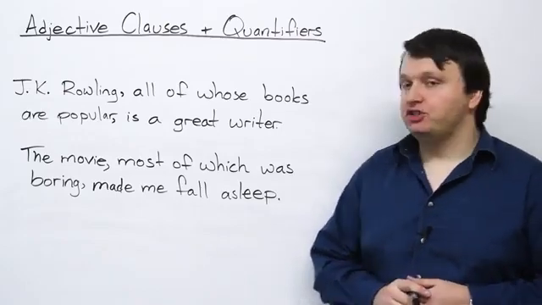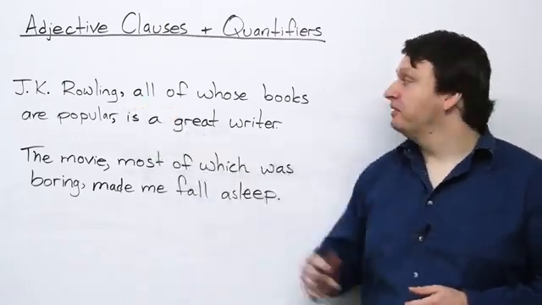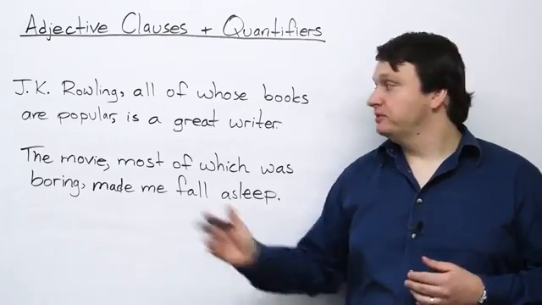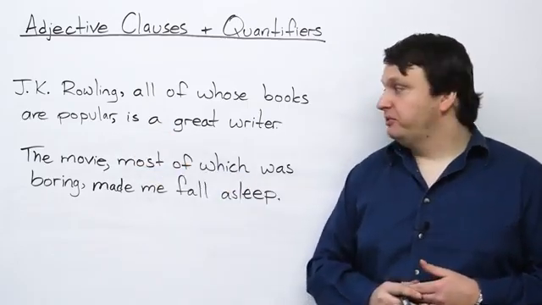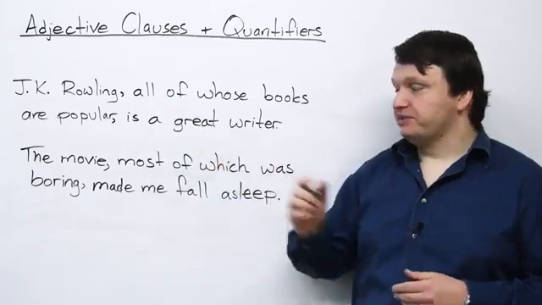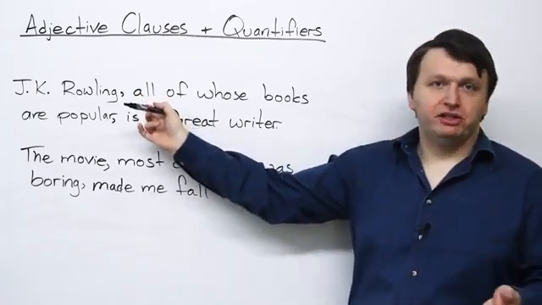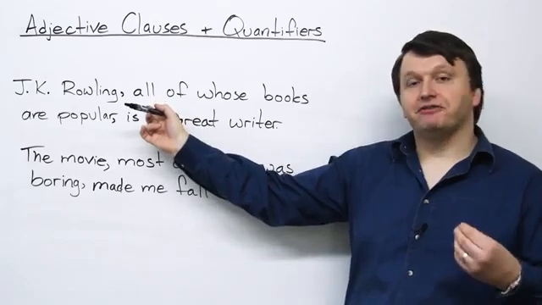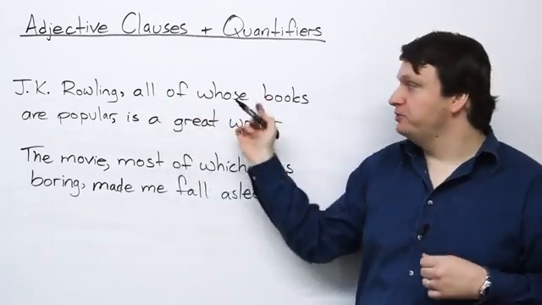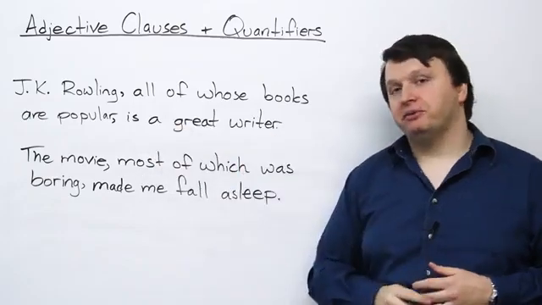So here we have J.K. Rowling, comma, all of whose books are popular, comma, is a great writer. So we're saying J.K. Rowling is a great writer, and here you have the quantifier. You're giving extra information about her. You're saying all of her books are popular, all of whose books are popular, is a great writer.